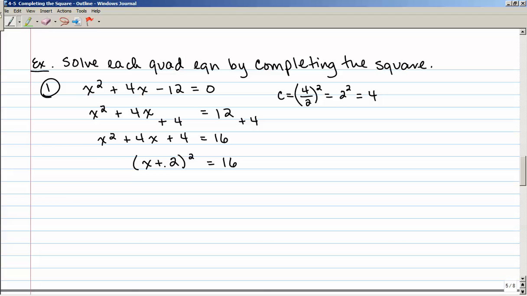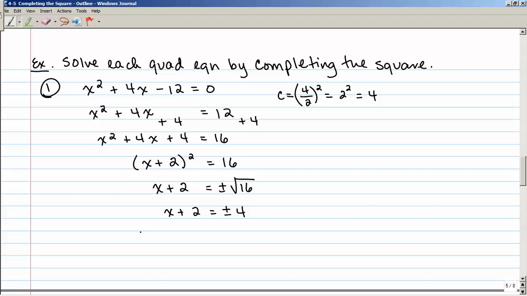So it factors into x plus 2 squared. Taking the square root of both sides, I'll have x plus 2 equals plus or minus the square root of 16, or x plus 2 equals plus or minus 4.